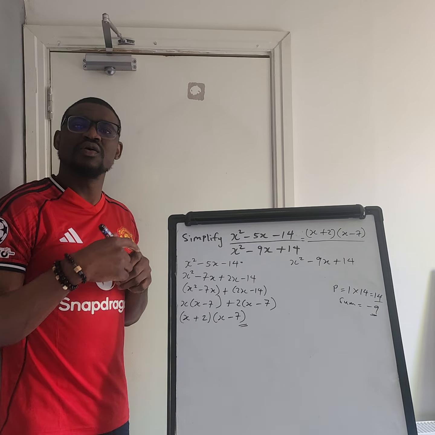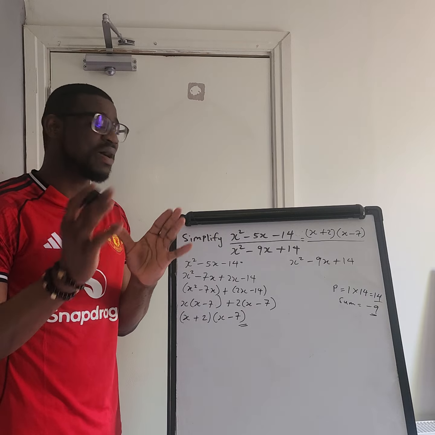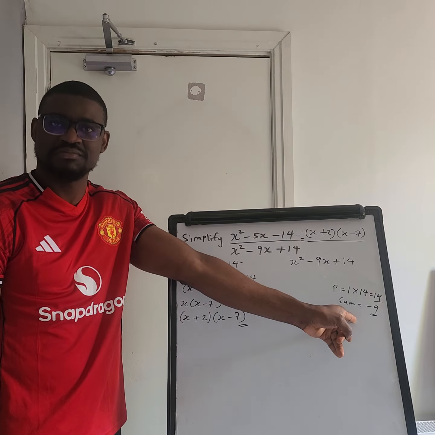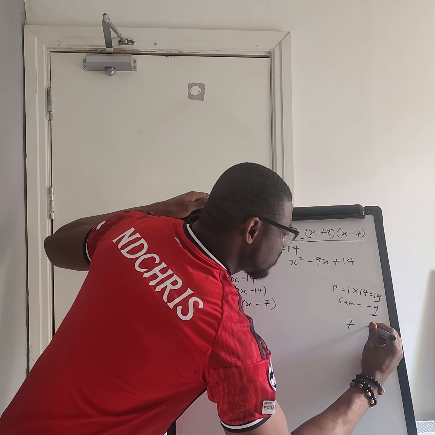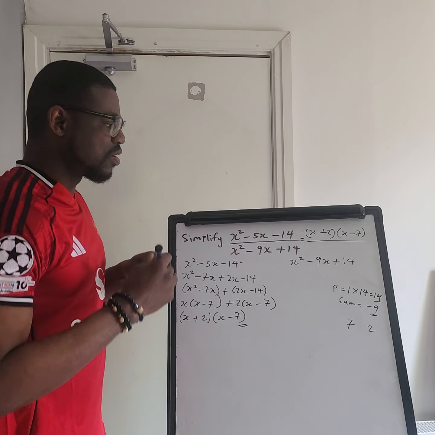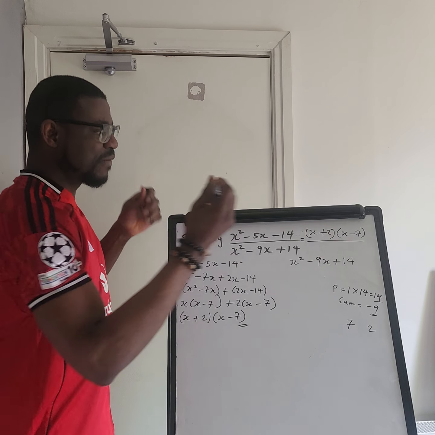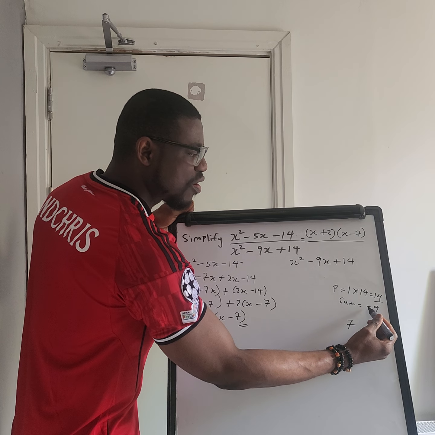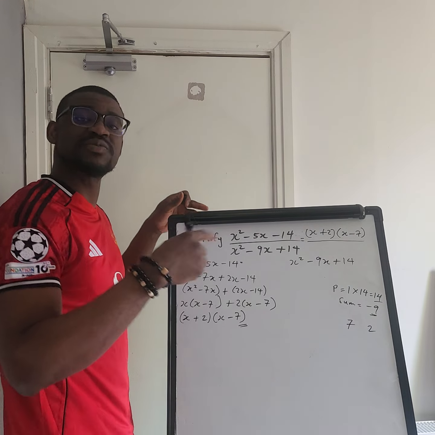Once again, which two numbers do I have to multiply to get 14, such that when I add them, I get minus 9? What are those two numbers? I'm working with 7 and 2. So let us determine which one is going to be positive and which is going to be negative. Because the sum is negative and the product is positive, both of them must be negative.